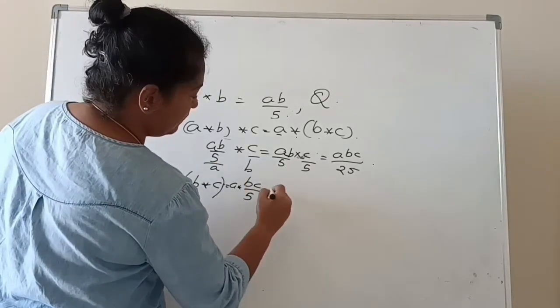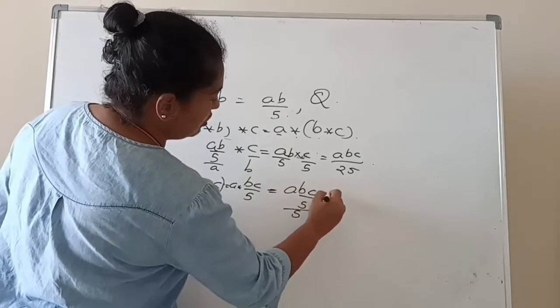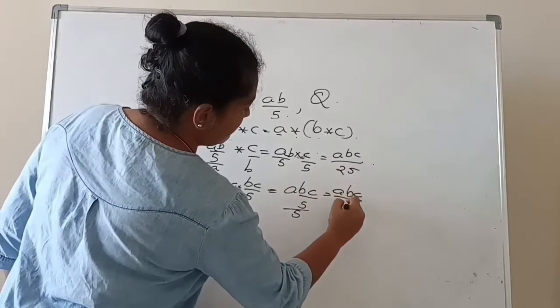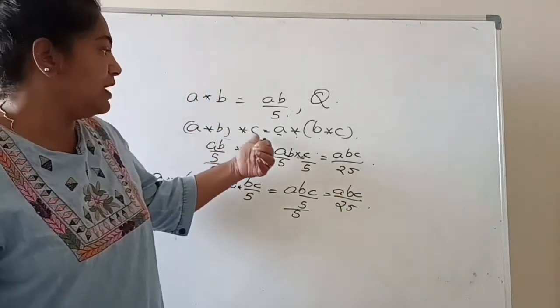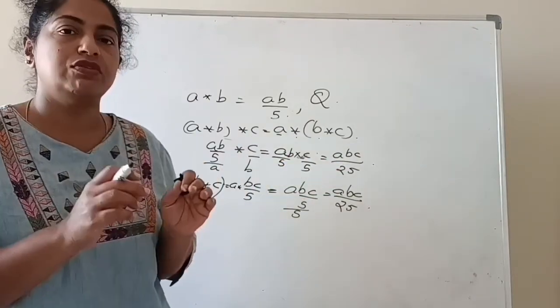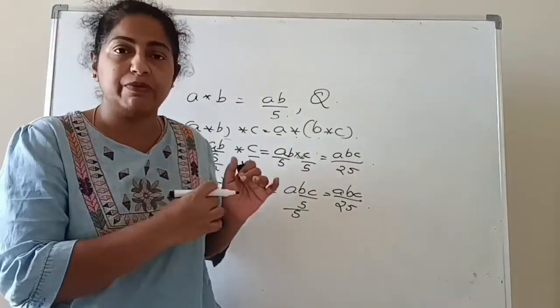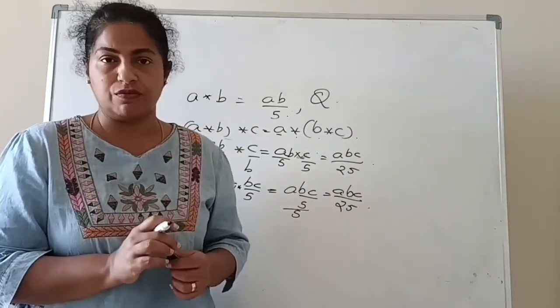So I get A into BC by 5, which is ABC by 25. Now I can see that A binary B binary C is the same as A binary B binary C. So this particular operation, which is given by AB by 5, is associative.